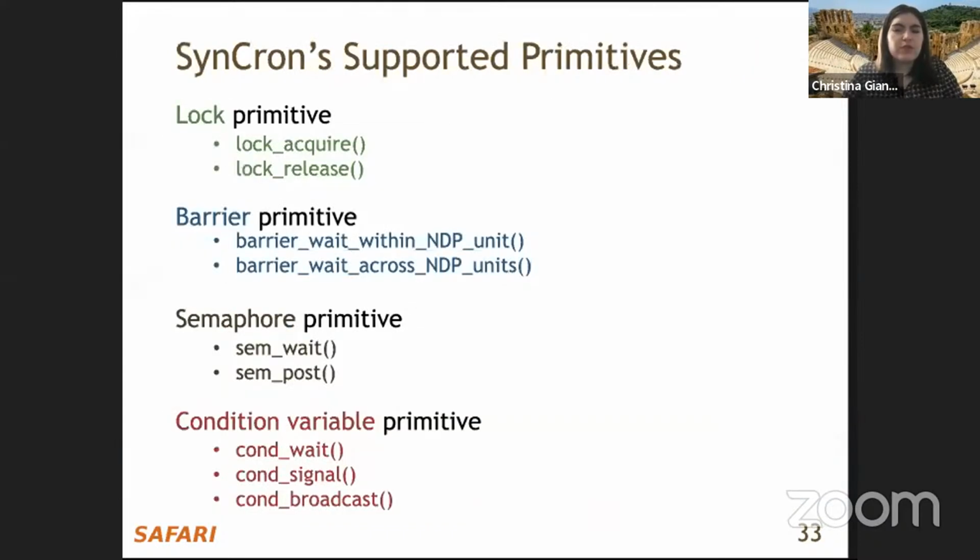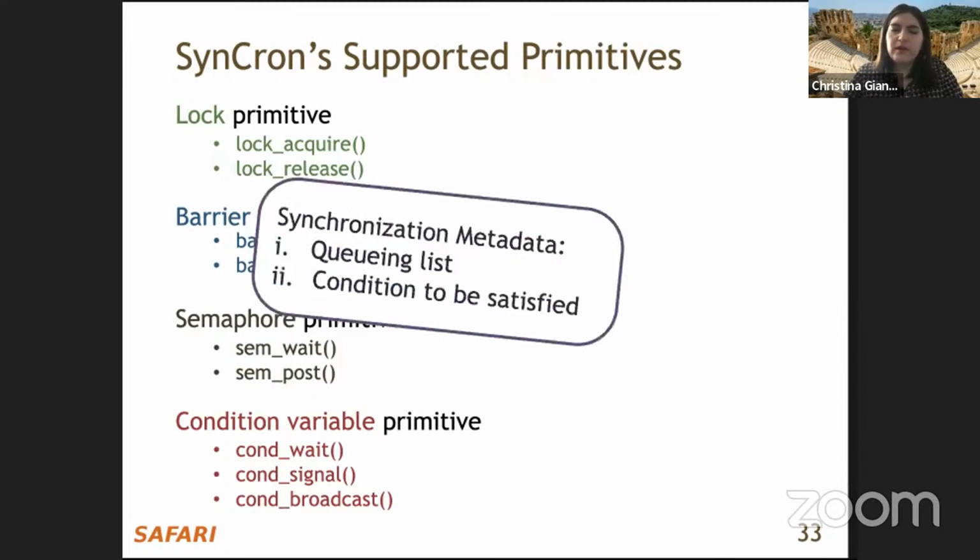SynCron exposes to the user a high-level synchronization interface for the most widely used synchronization primitives, which are the lock, barrier, semaphore, and condition variable primitives. However, in our analysis, we find that all different primitives have a common principle. All synchronization primitives need to keep one queuing list to indicate which cores need to synchronize.